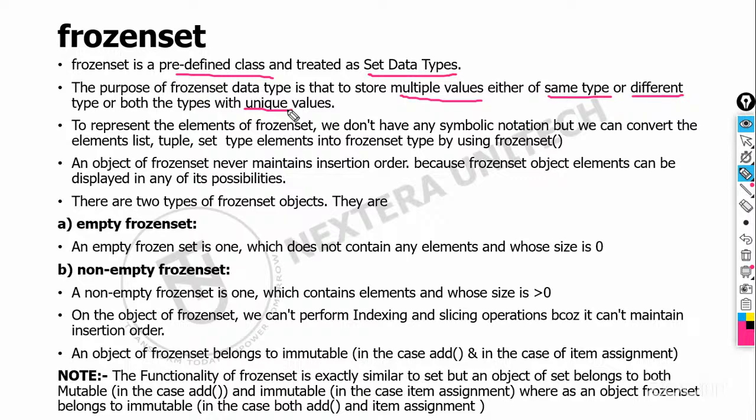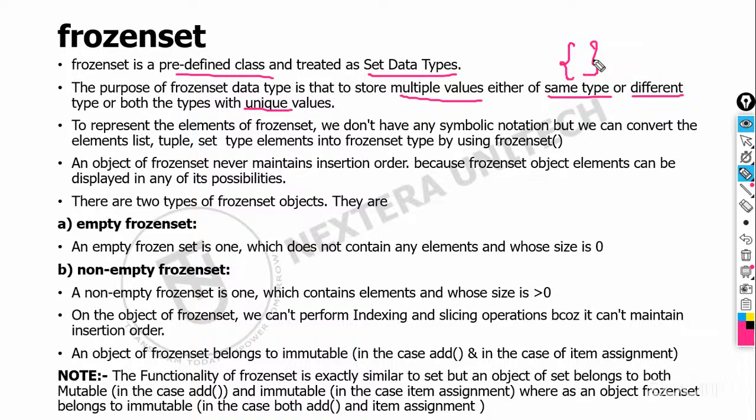We cannot have duplicates under set category data types, whether it is set or FrozenSet. Then how can we represent the elements of FrozenSet? In set, we can organize the elements using curly braces. But for FrozenSet, there is no symbolic notation.